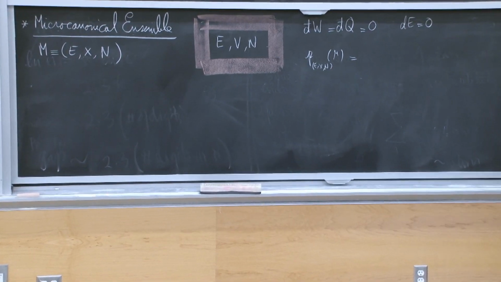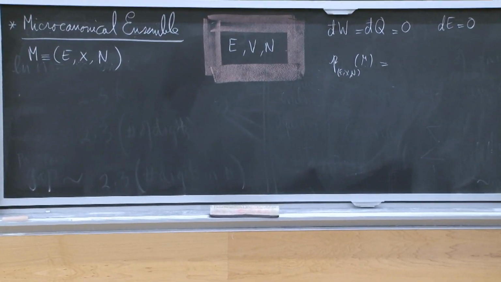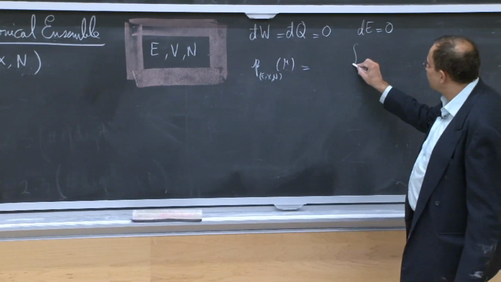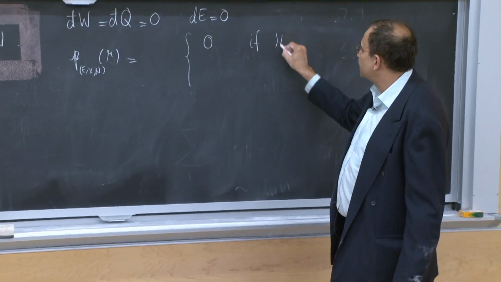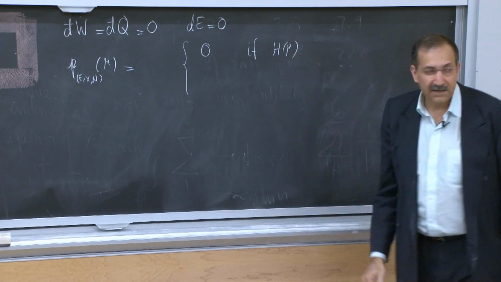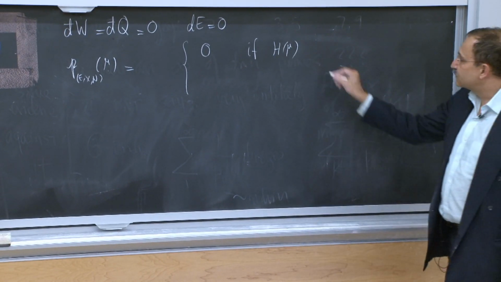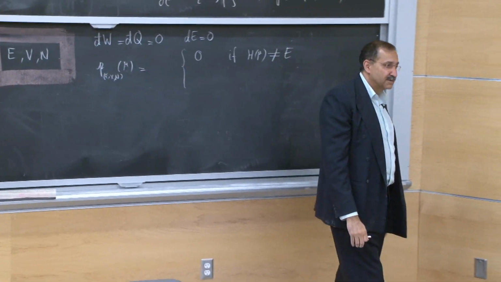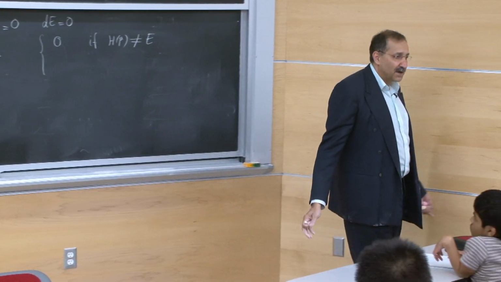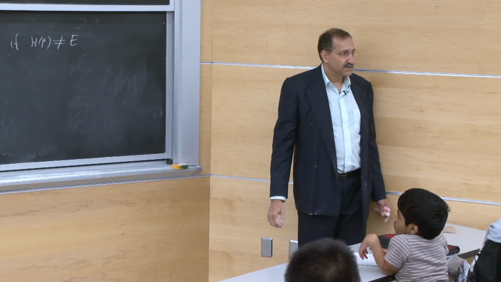Okay. How do I do that? Well, I say that if the energy of that microstate that I can calculate is not equal to the energy that I know I have in the box, then that's not one of the microstates that should be allowed in the box.